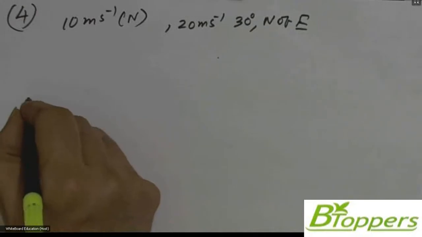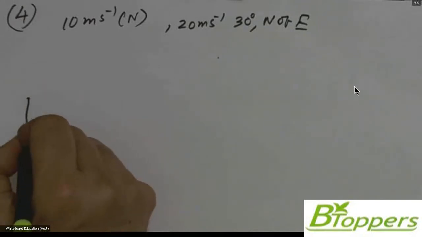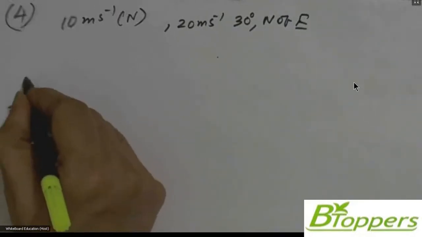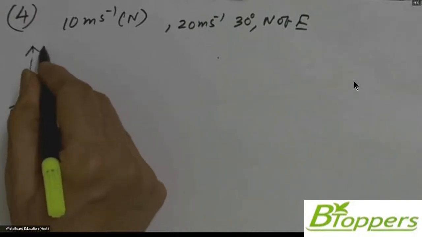So the initial velocity of the particle in vector form I denote by u bar, which is directed towards north.